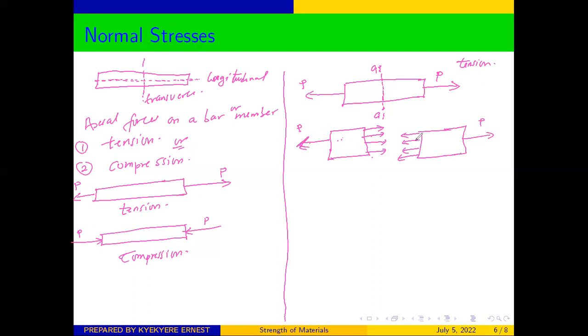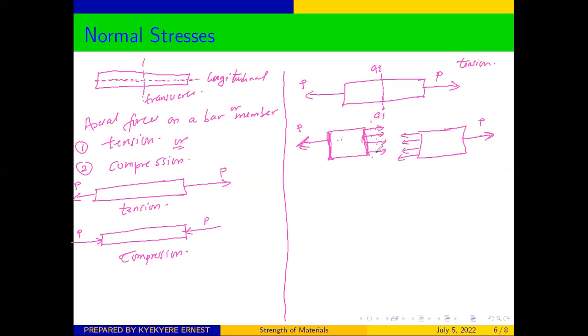That is why you are seeing that the distribution here is also opposite to the load at this end. Now, this distribution here is as a result of the load which is applied at this section. And don't forget that this load is perpendicular to this cross section, and in the same way, this uniform distribution here, which is also representing the loads, is perpendicular to the cross section here.